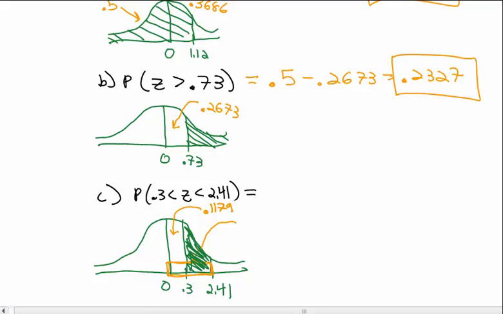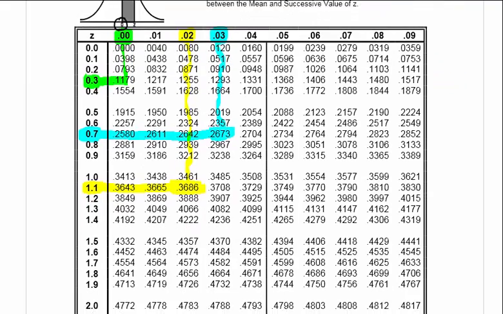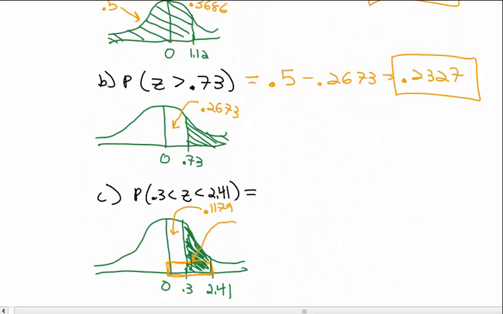Then when we do 2.41, that is 0.4920. But again, that's from the 2.41 down to the 0.